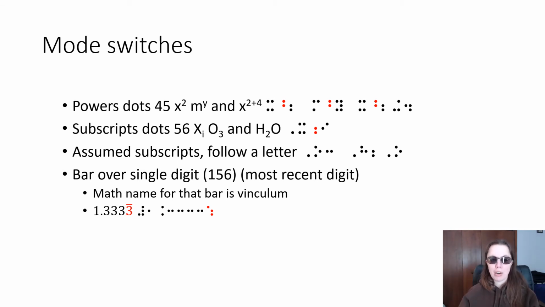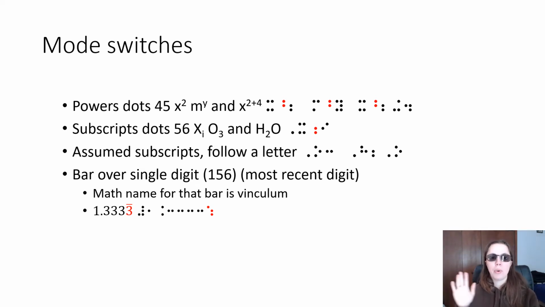We can put a bar over the last digit by just using the bar symbol, which is dots 156. 156 is the bar symbol in any context, and when we put it right after a number, we know it means repeat this last number. Put that bar, that vinculum, right over the last number.